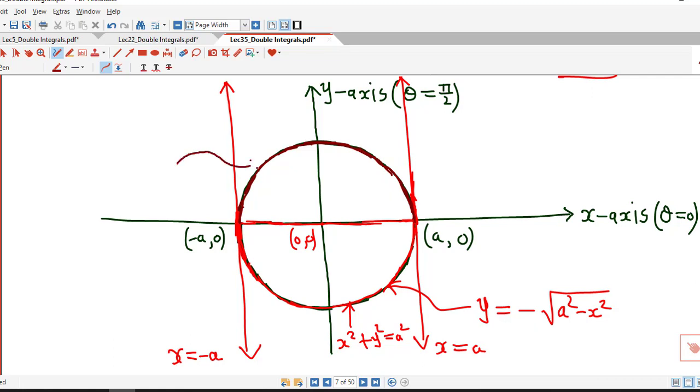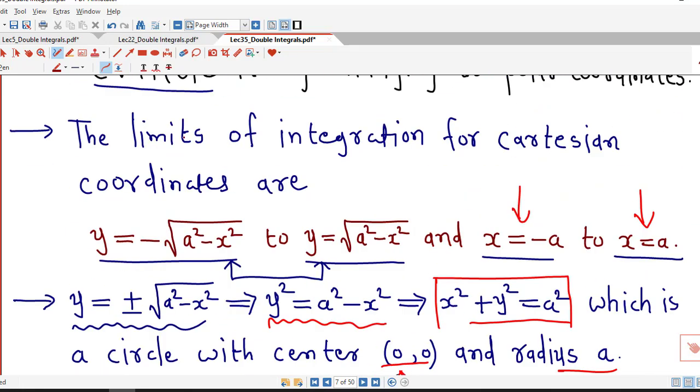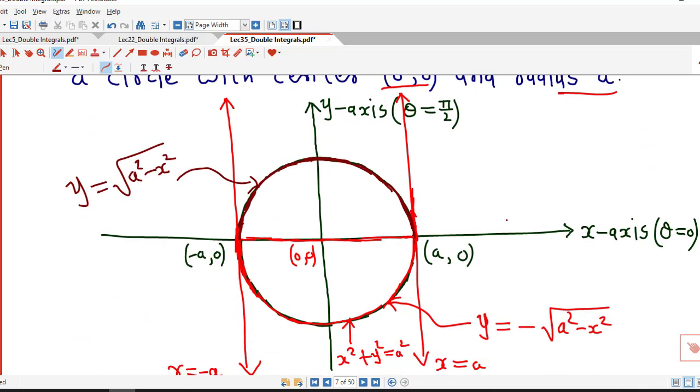So here y is square root of a square minus x square. So the limits of integration are y from negative square root of a square minus x square to y equal to positive square root of a square minus x square, and x is from minus a to a.